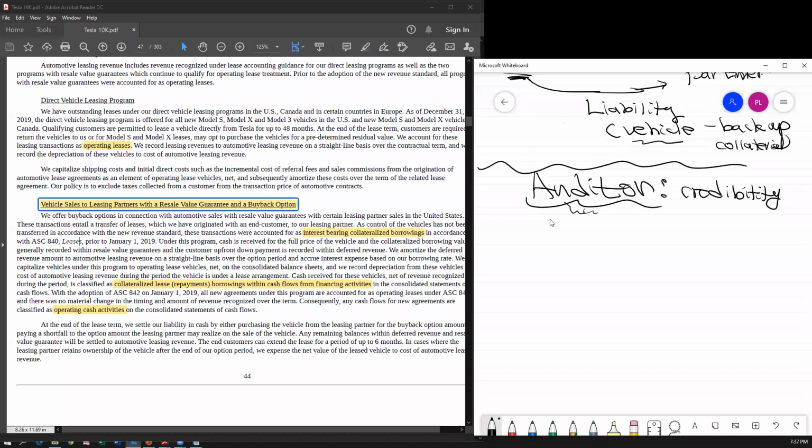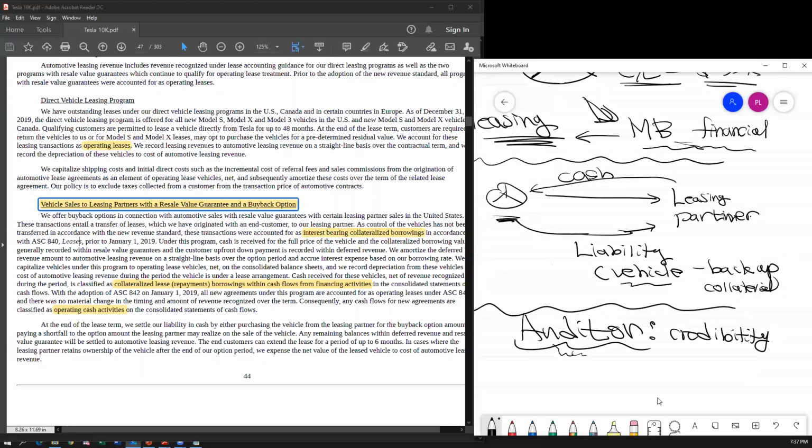And there was another question? Yes, my question is in regards to the previous accounting rule that we discussed, prior to January 1st, 2019. How would you book that entry in terms of credits and debits? So are you increasing liability?